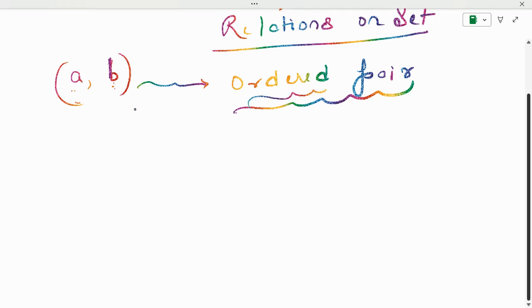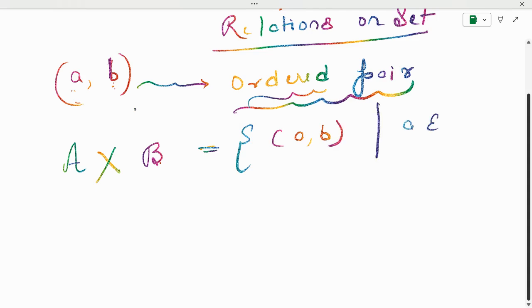If we have a set A and a set B and we cross multiply these two, we get something in the form of an ordered pair (a, b), where a belongs to set A and b belongs to set B. Now, why is it called an ordered pair?